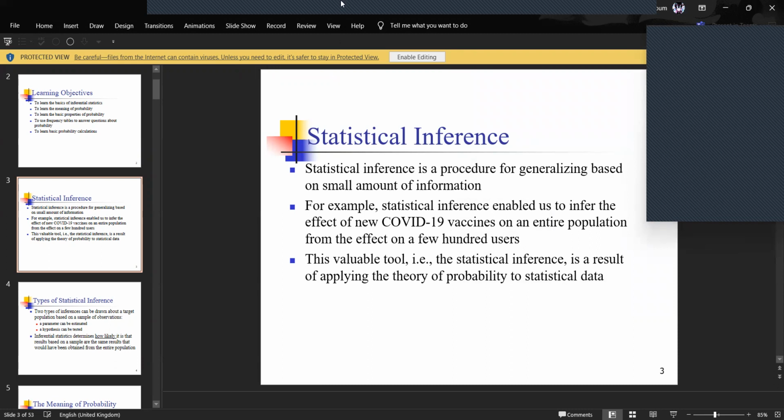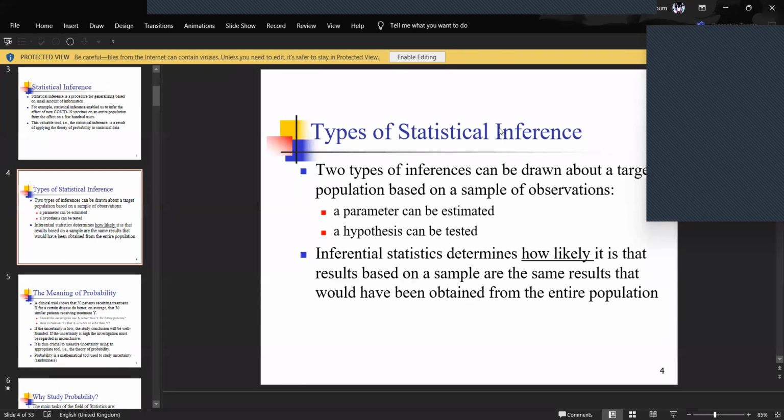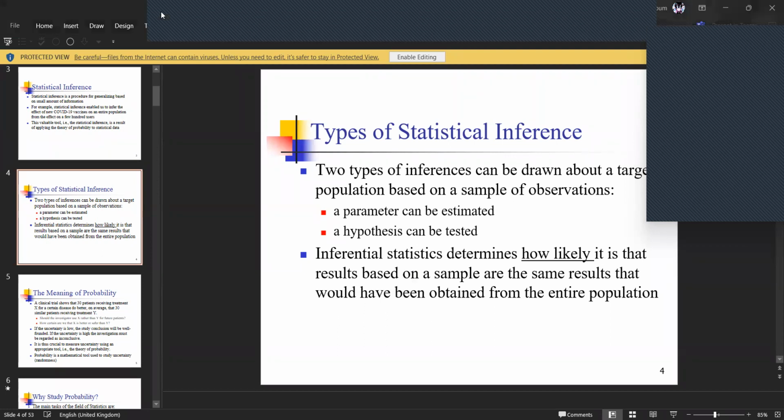So there are two types of inference that can be drawn about a target population. We can estimate a parameter or we can test a hypothesis.